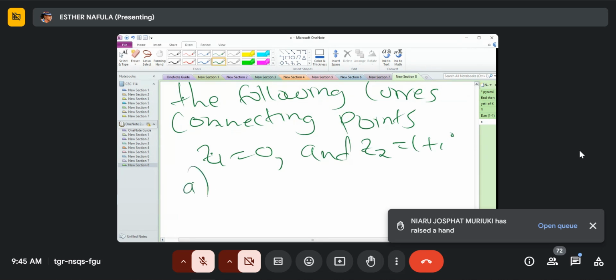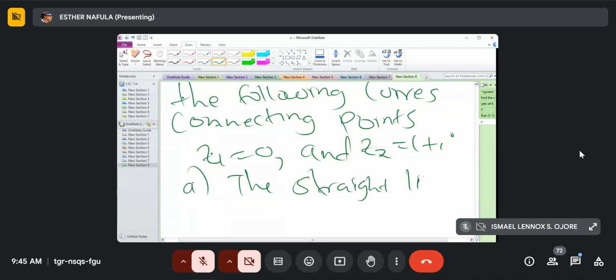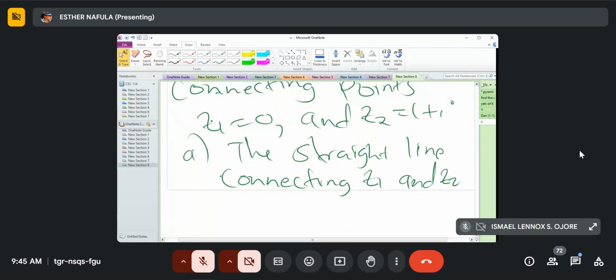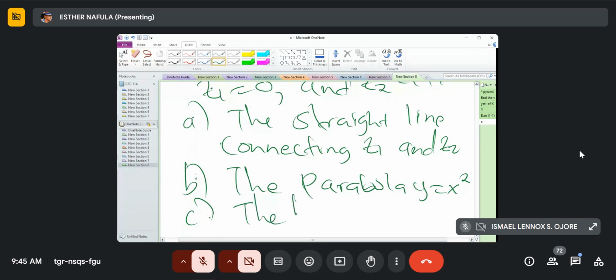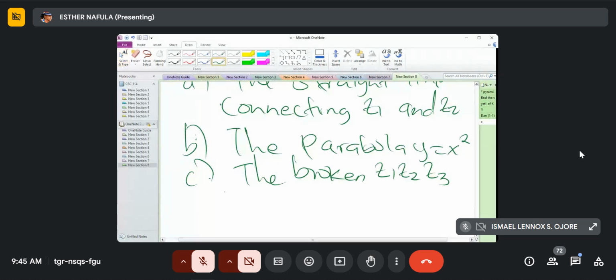Part A, the curve is the straight line connecting z1 and z2. Part B is the parabola y equals x squared. Part C is the broken line z1, z2, z3 with z3 equals 1.